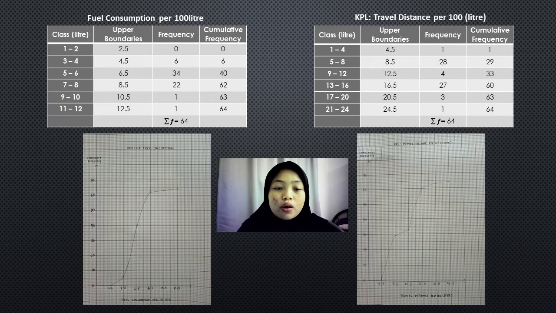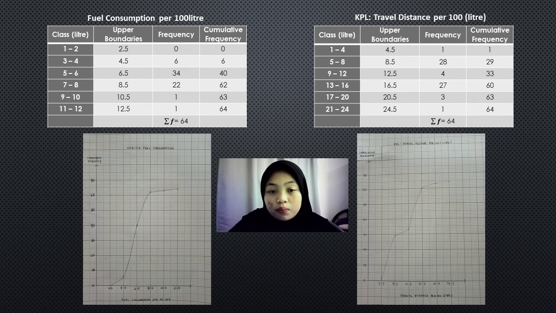Okay, for the ogive of travel distance, the class is from 1 to 24, and like fuel consumption frequencies, we use upper boundaries and cumulative frequencies. The cumulative frequencies for travel distance are 1, 29, 33, 60, 63, and 64.